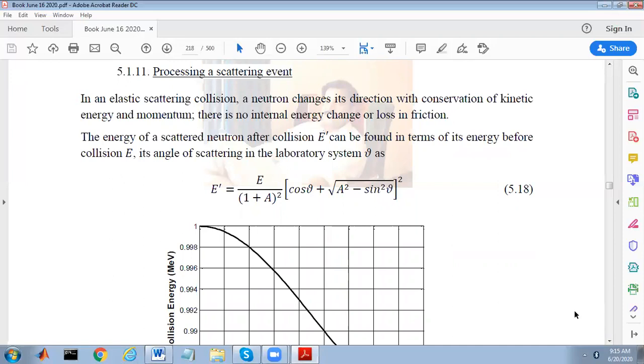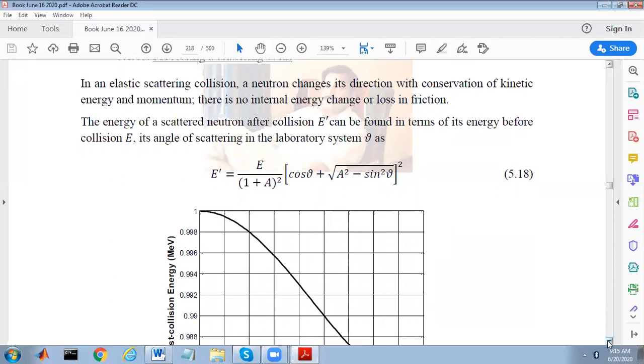Okay, so once a scattering takes place, now we'll consider each one of the above possibilities. Once a scattering takes place, you know that a neutron is going to change its direction and change its energy. We saw that when we did the conservation of energy and momentum. Energy could mean kinetic plus friction plus anything. So here, this is for elastic scattering.